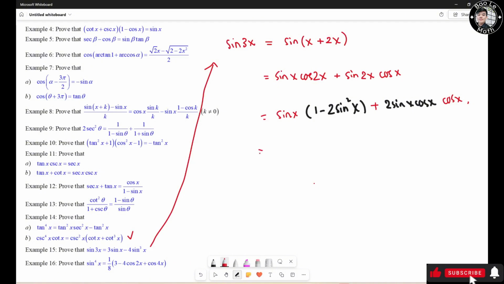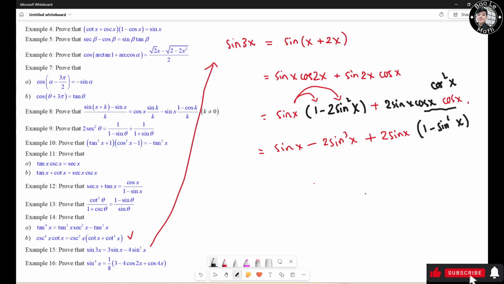So this one turns out to be sine s, if you distribute this one, minus 2 sine cubed of s. Now cosine s times cosine s could be cosine square of s. So this guy turns out to be 2 sine s, I just rewrite. Now cosine square of s is going to be 1 minus sine square of s. Now I just distribute this guy.